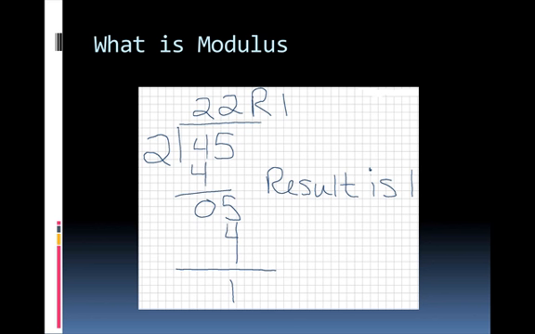And as long as the number we got back was a little smaller than the number on the outside of the division sign, it was called the remainder. What the modulus does is allow us to determine what this remainder is. Very useful if you need to determine when a value is evenly divisible by something. In other words, when there is no remainder left after division.